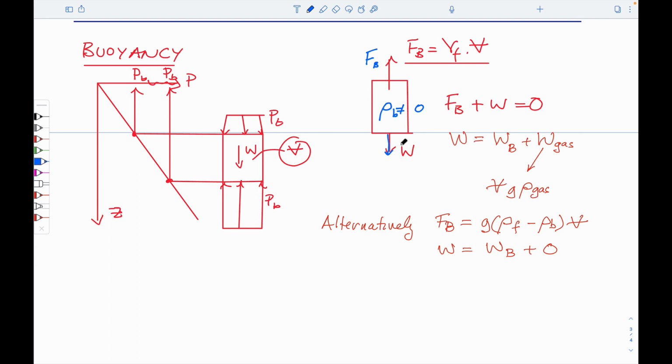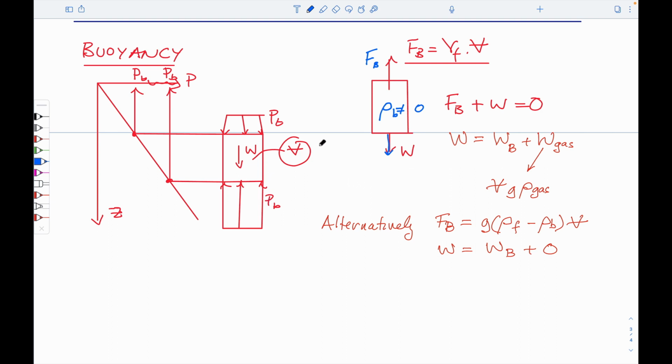And if you do that, the easiest way is to take the buoyant force as equal to the difference in the densities, or the unit weights, of the external fluid and the internal fluid. And that would give you the correct buoyant force. And then you would only have to include the weight of something attached to this structure, if it's a balloon, to be able to do the calculation. So you need to be a bit careful about how you handle the buoyant forces in all of these.